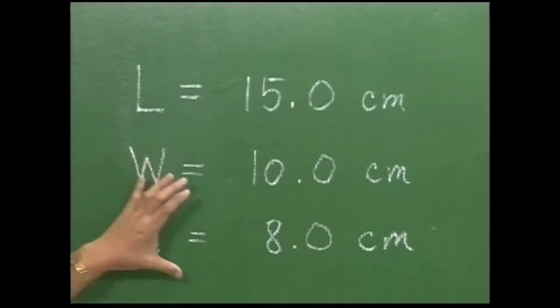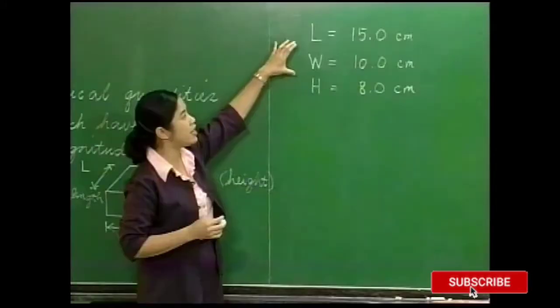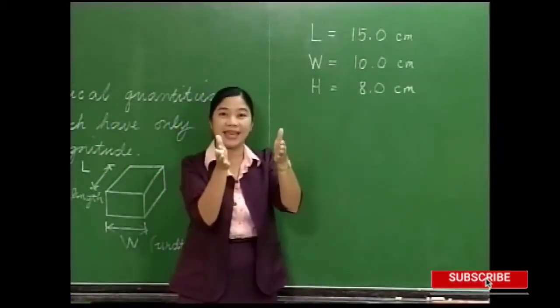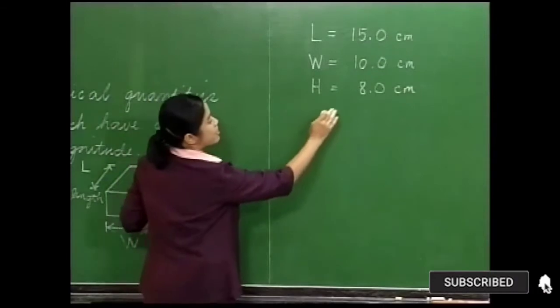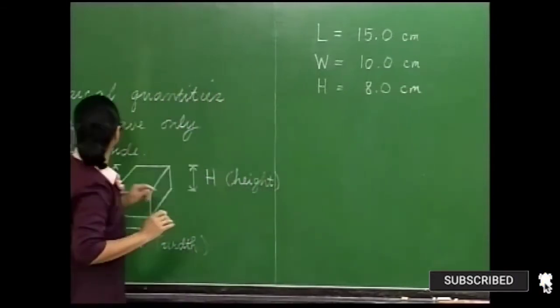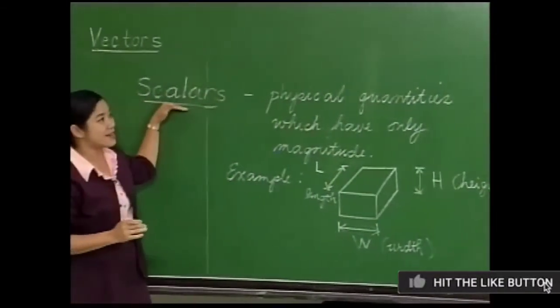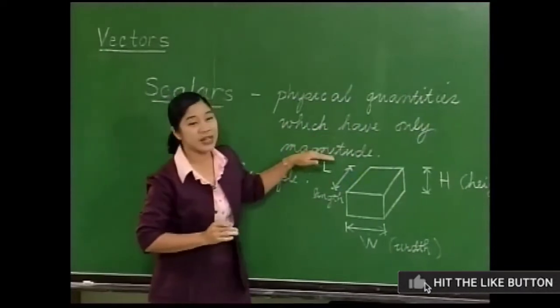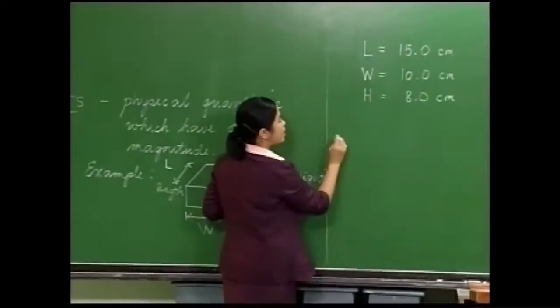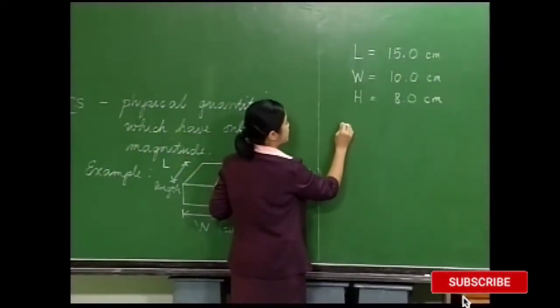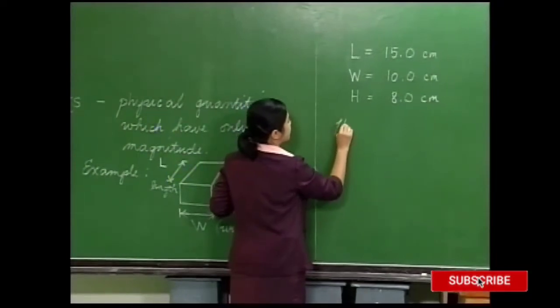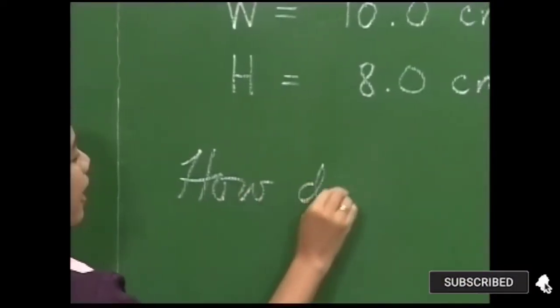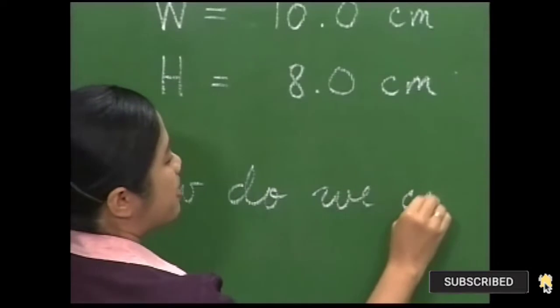Now, when you make these measurements where you are only looking at different lengths, we say that these are just numbers. These are scalars, which have only magnitude. Now, how do we combine scalars?